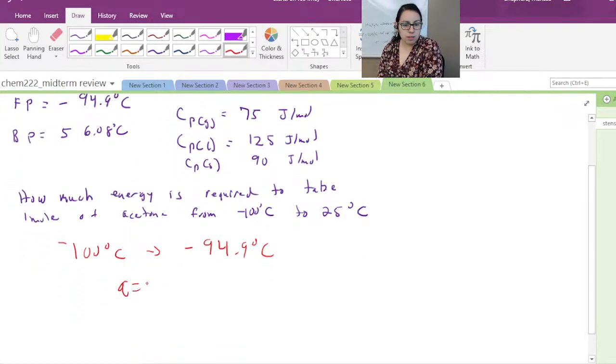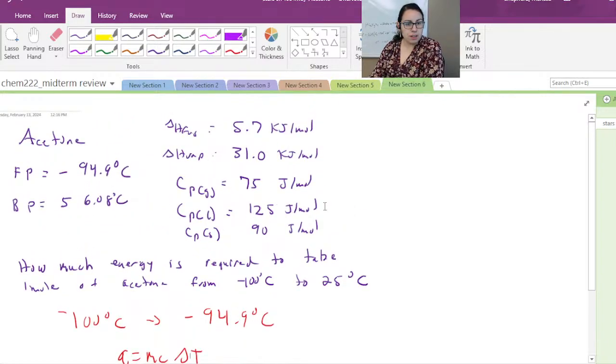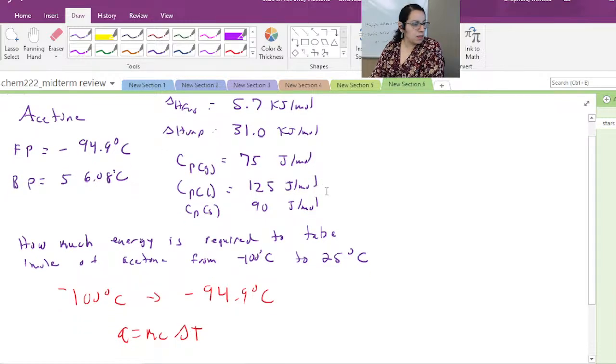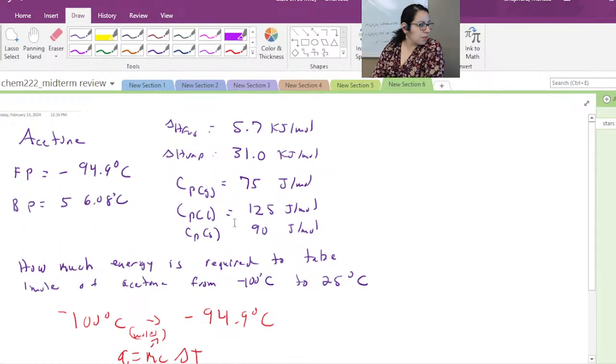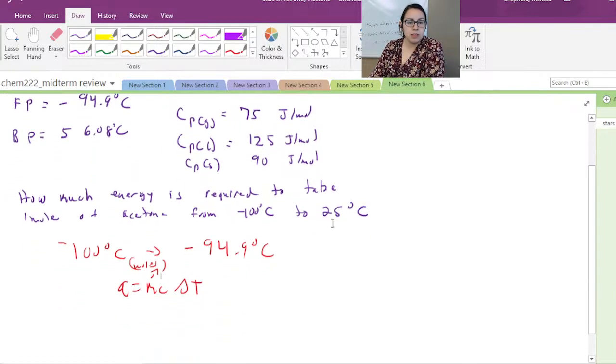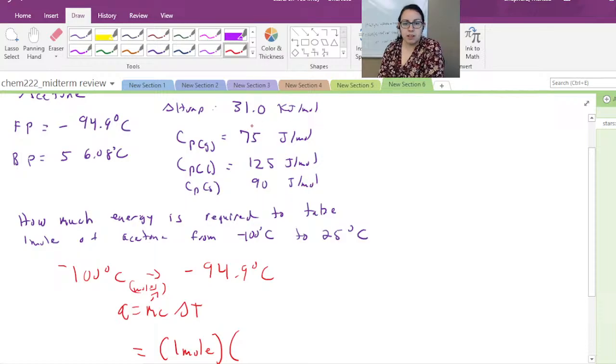So something like Q equals MC delta T. And so we have our heat capacity, except we should change this to moles given our formula, or what we were given. We weren't given heat capacity in grams, but rather in joules per mole. And so now we have 1 mole times our heat capacity. Which heat capacity do we pick?